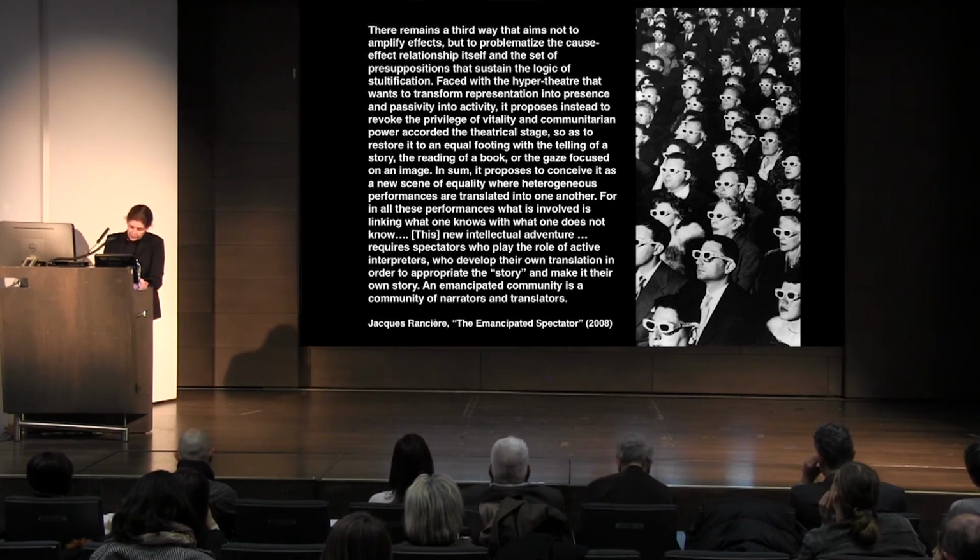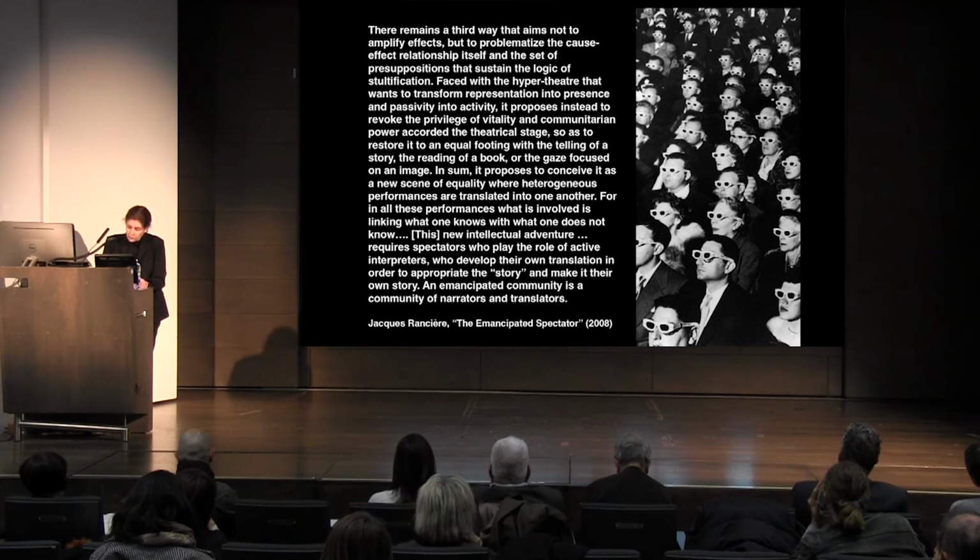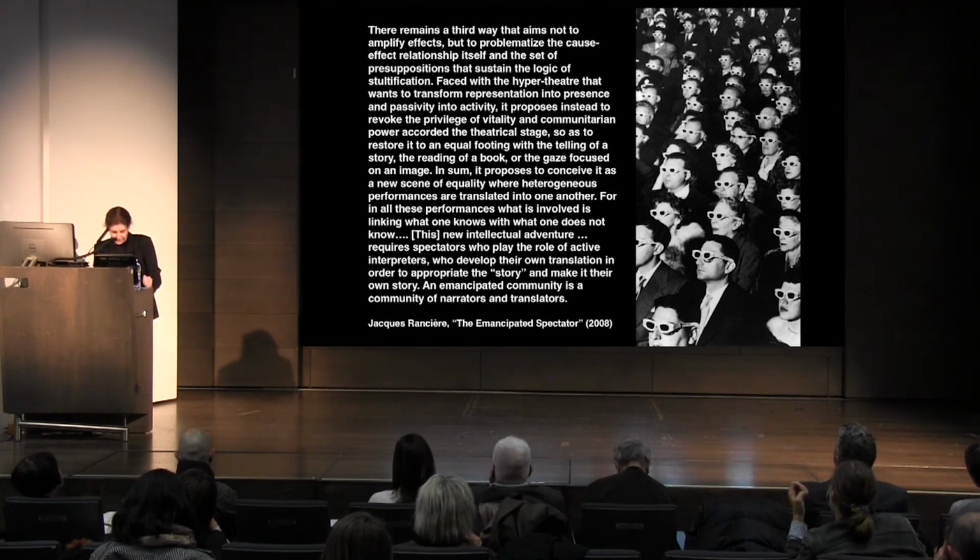This new intellectual adventure requires spectators who play the role of active interpreters, who develop their own translation in order to appropriate the story and make it their own story. An emancipated community is a community of narrators and translators.